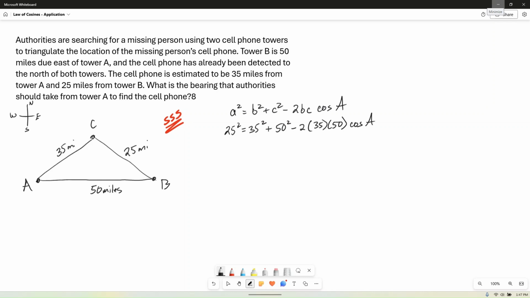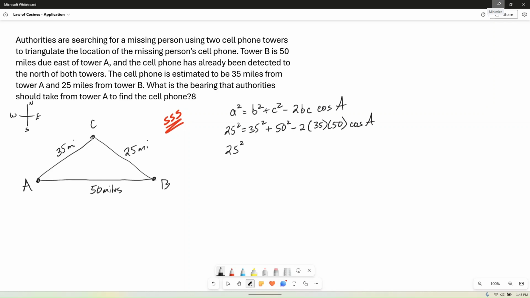I could go ahead and do the algebra like we did in the previous one, but just so I'm not dealing with bigger numbers, I'm not going to multiply or square things out. I'm just going to leave everything as it is. To solve for A, I need to move the 35 squared and the 50 squared to the other side, so we subtract those.